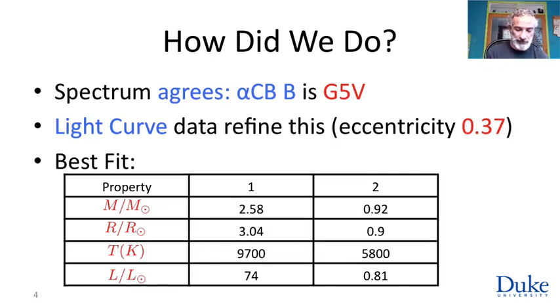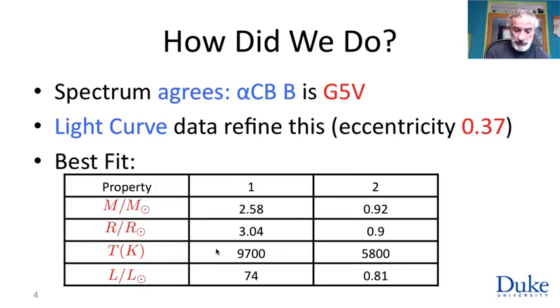In fact, from the paper, including both the eclipse data and the radial velocity data, the best estimate they find is about 2.6 solar masses for A and 0.9 solar masses for Alpha Corona Borealis B, a radius of about 3. We got that right, because temperature and radius don't care for radial measurements. So indeed, the radius of Alpha Corona Borealis A is 3 solar radii, and of the secondary 0.9.